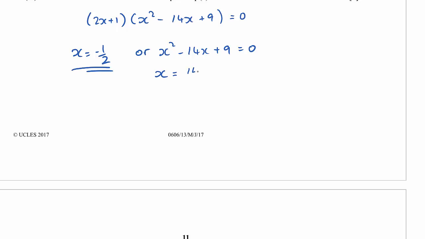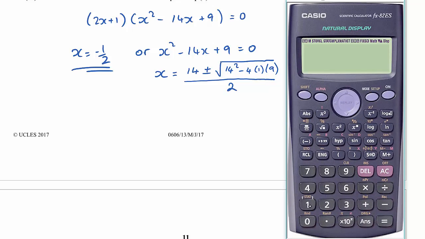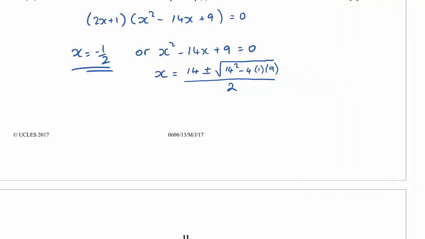So we've got x is equal to 14 plus or minus the square root of 14 squared, take away 4 times 1 times 9, all over 2. So 14 squared, take away 36, is 160.